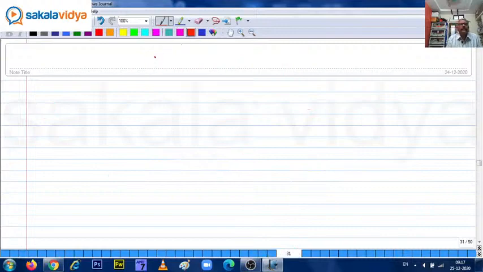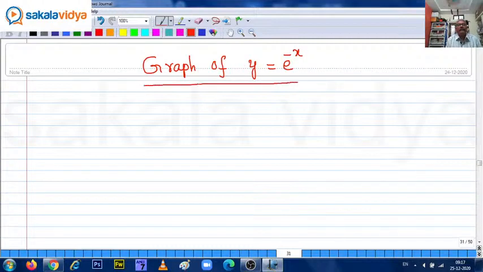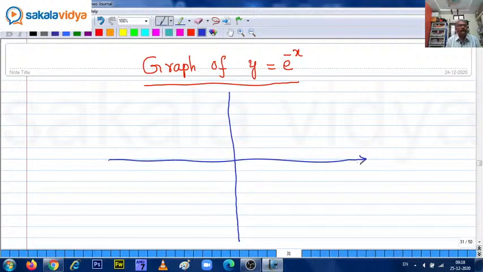Next, the graph of y is equal to e raised to negative x. Let us draw the graph of y is equal to e raised to negative x. This is the origin, x and x dash, y and y dash.